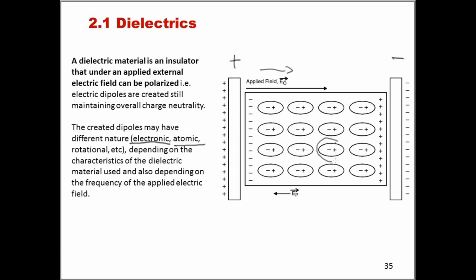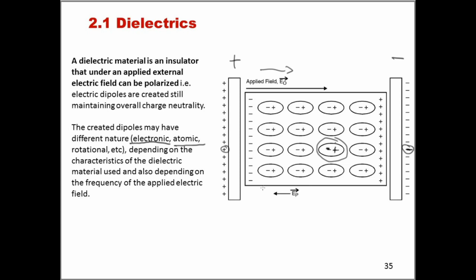This one, for example, has a positive charge on this side, because the positive charge is attracted by these negative charges here, and a negative charge on this side because it is attracted by the positive charges there. And so this is the type of polarization we are talking about.